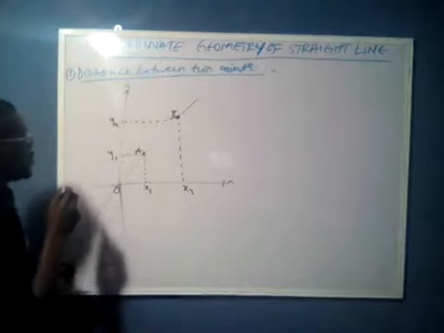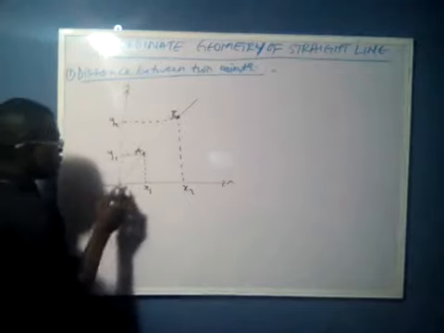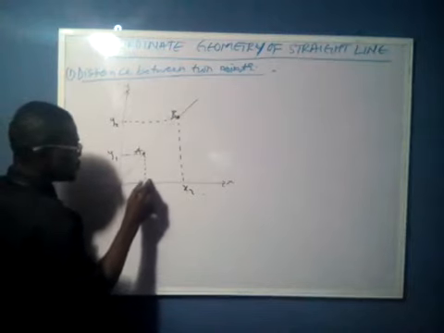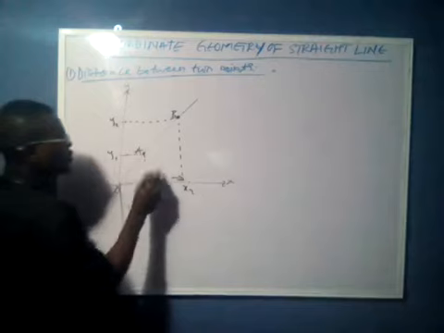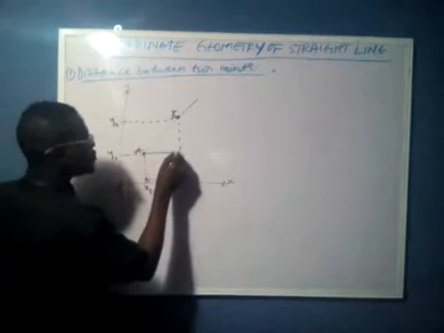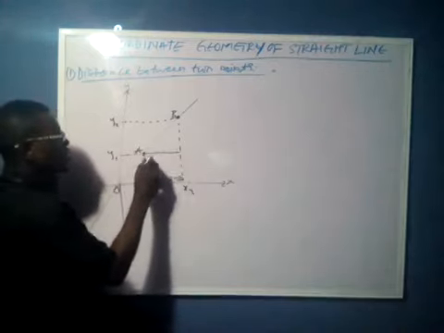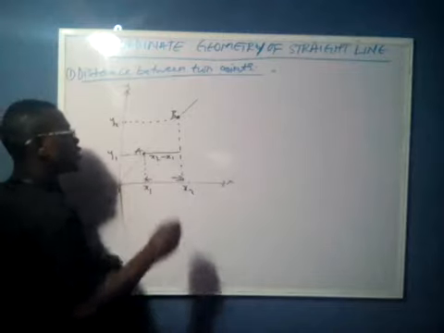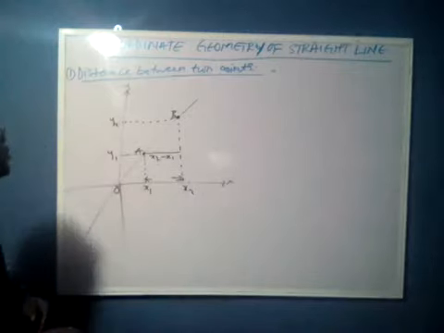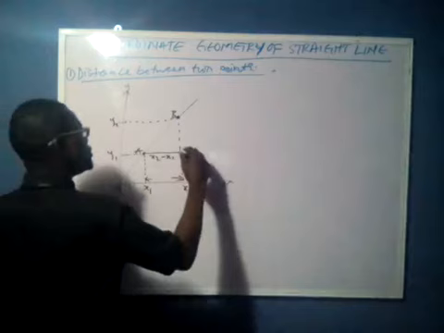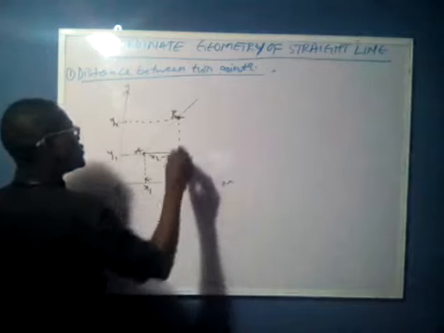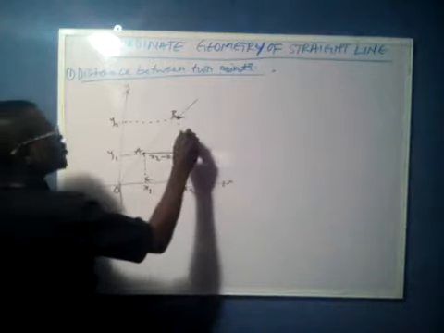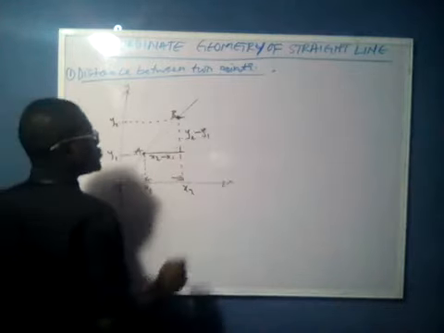Now we can actually get the distance between this place and this place. The distance from here to here is x2 minus x1, and the distance from here to this place is y2 minus y1.